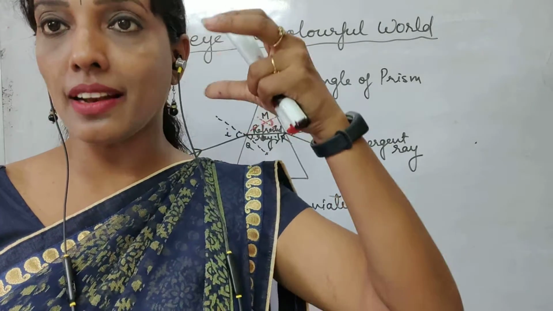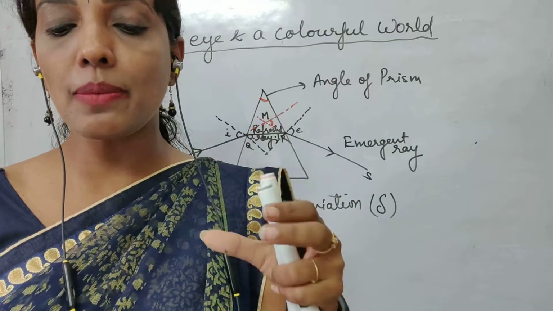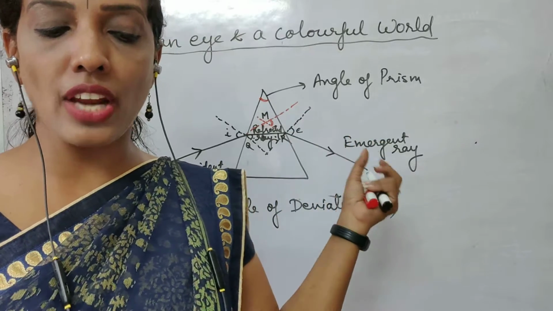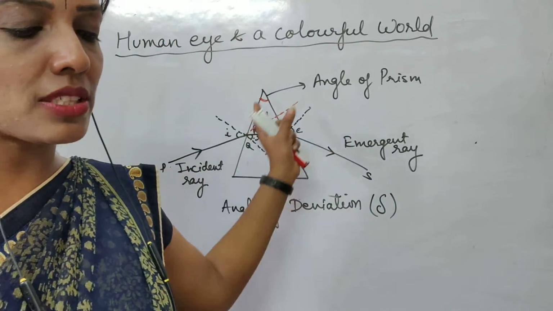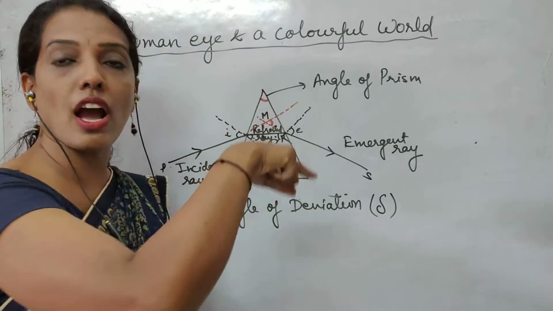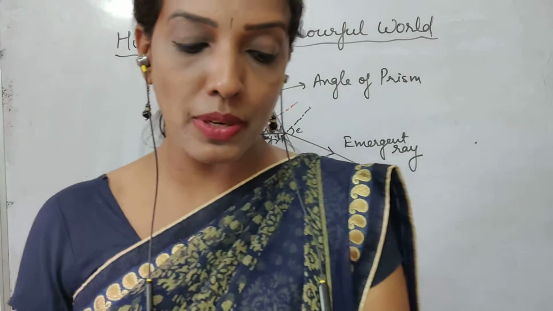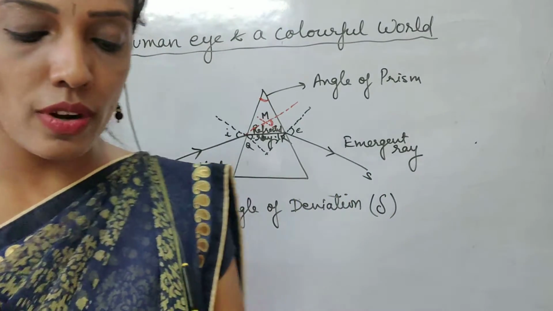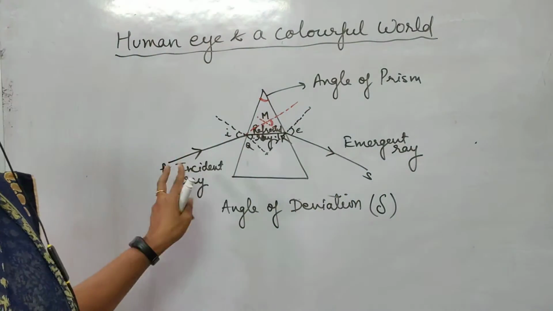Then you have to place the glass prism over there in such a way that the triangular base is on the center of the paper, and you have to mark the shape of the prism. Then you do all the things like this.